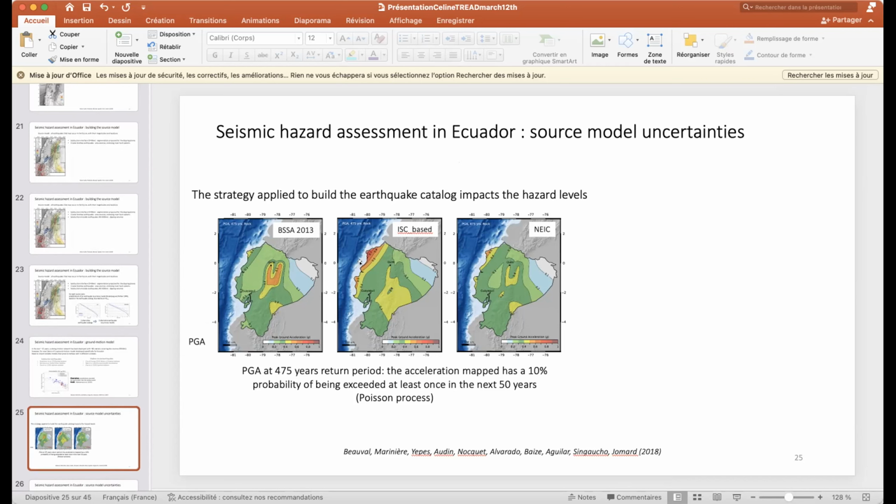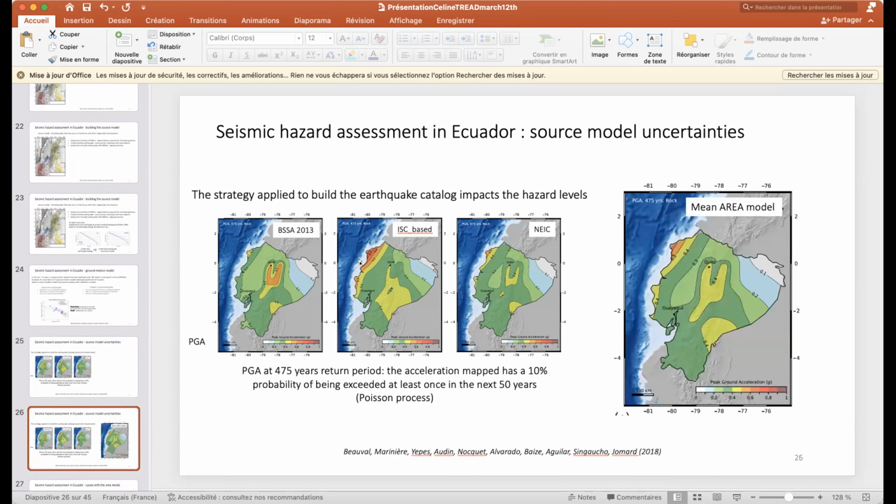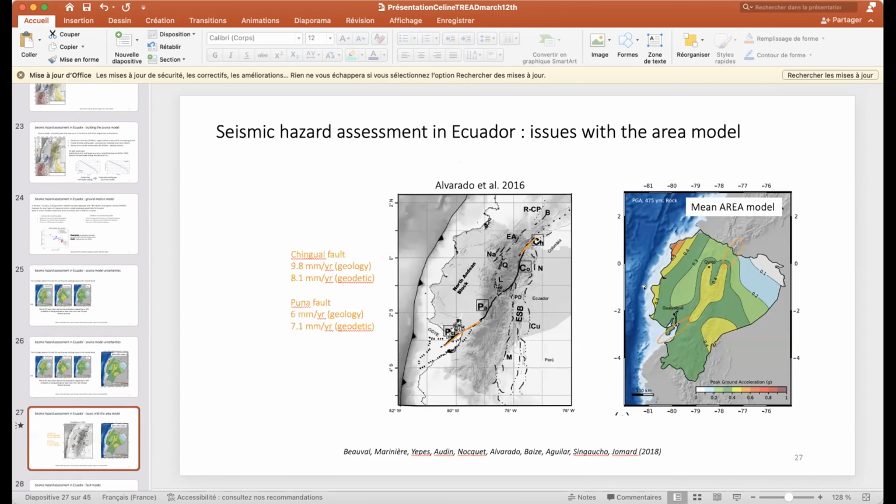From these 3 alternative hazard maps, you can also produce a mean map. We get hazard values larger than 0.3 g on most parts of the country and highest values along the northern coast. So this area model relies heavily on the earthquake catalog.